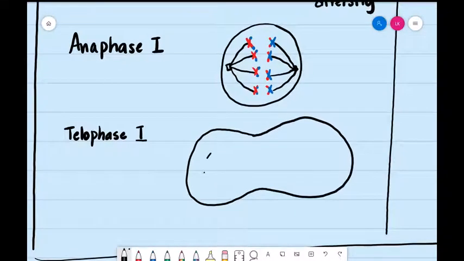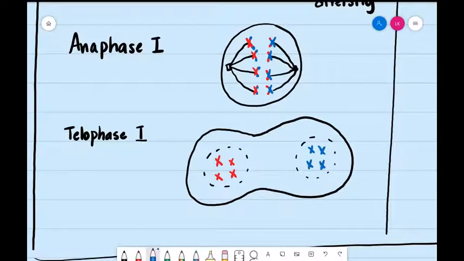We have our nuclear membrane starts to form because we want our nuclei again. Of course, now there's 2. And over here, we're going to have our chromosomes. Here, we're going to have our chromosomes.